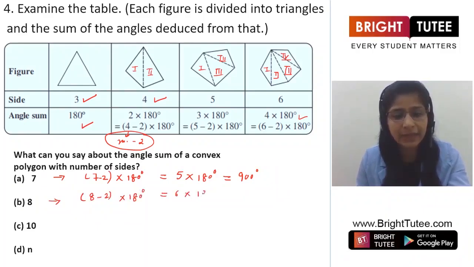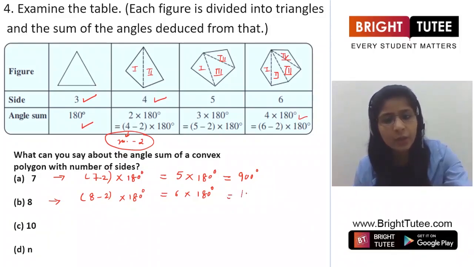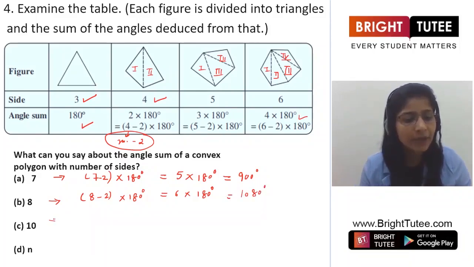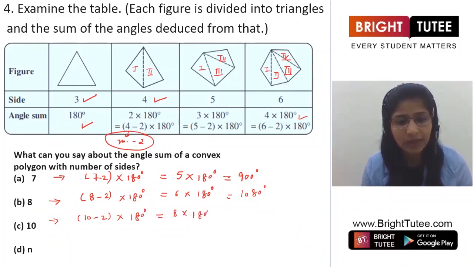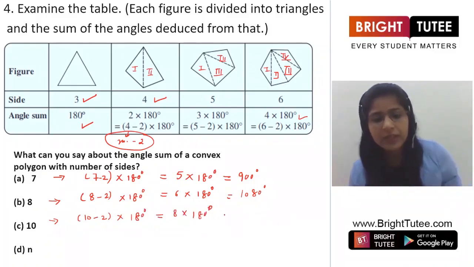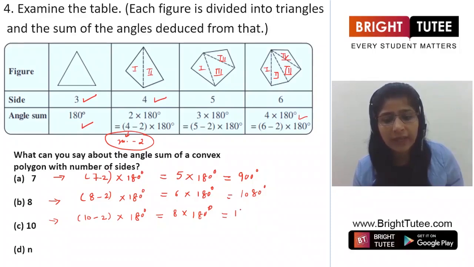We get 6 multiplied with 180 degrees, which is 1080 degrees. Now if the number of sides is 10, we will do 10 minus 2 multiplied with 180 degrees. So we will get 8 multiplied with 180 degrees, which is equal to 1440 degrees. Now they are asking, if it has n sides, it will be n minus 2 multiplied with 180 degrees.